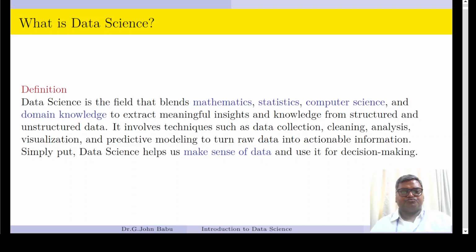So in data science, we try to extract insight from structured or unstructured data.